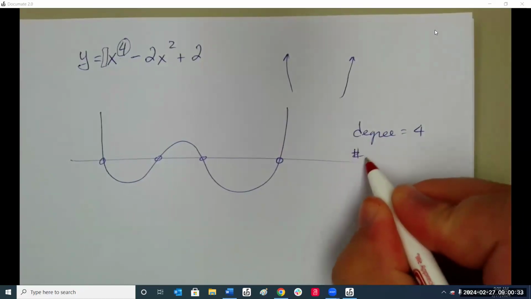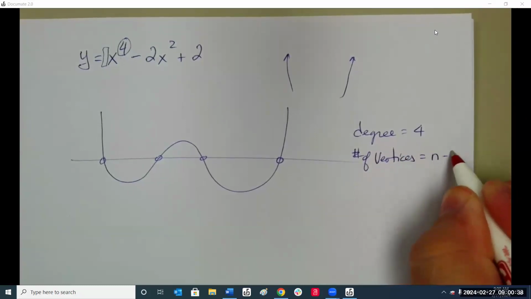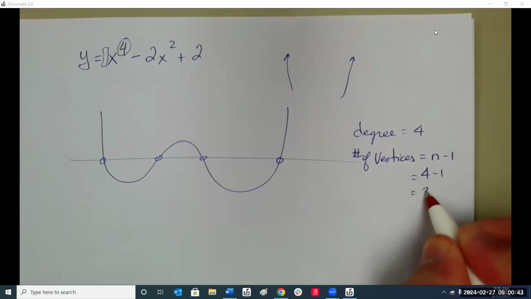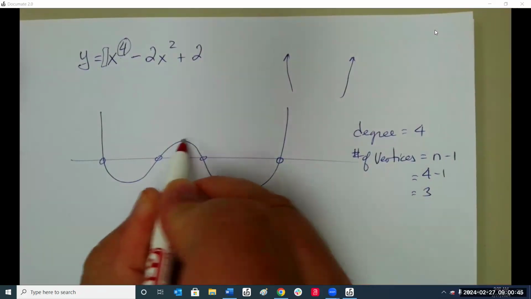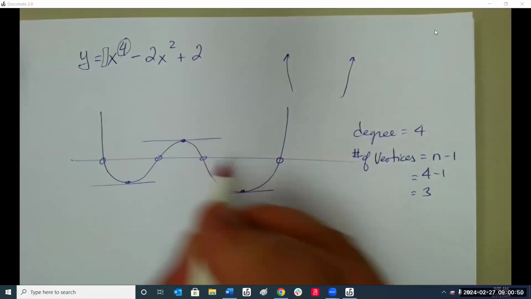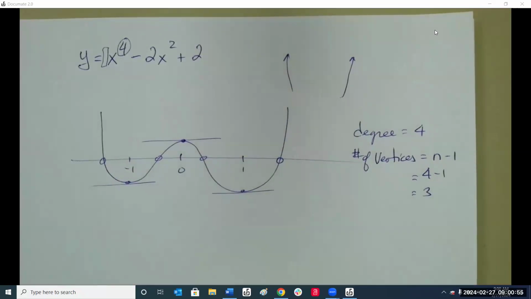The number of vertices is equal to n minus 1, so we're going to have 3 vertices. One's there, and one's there. And this one's at 0, this one's at 1, this one's at negative 1. But the actual graph itself, I'm just saying what it looks like. It could be above the x-axis, it could be below the x-axis, but that's the shape of the curve.